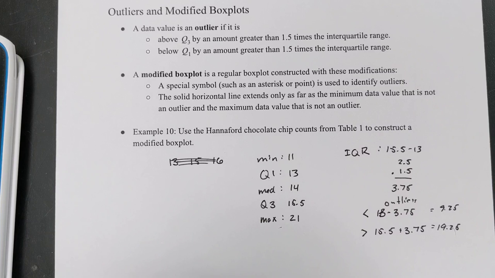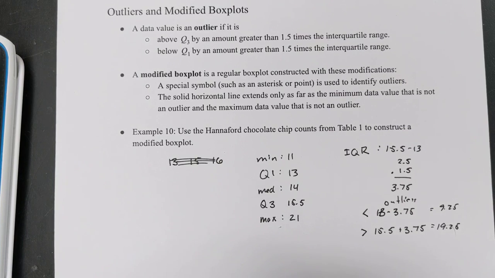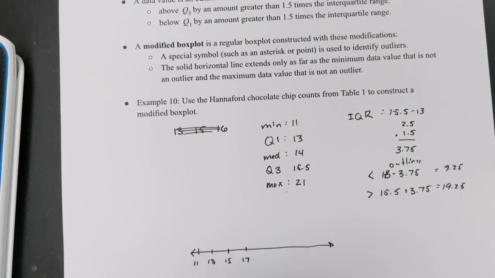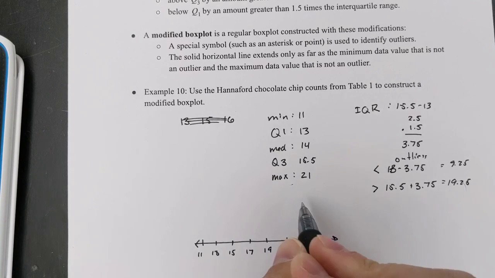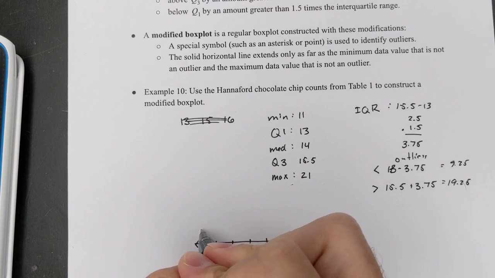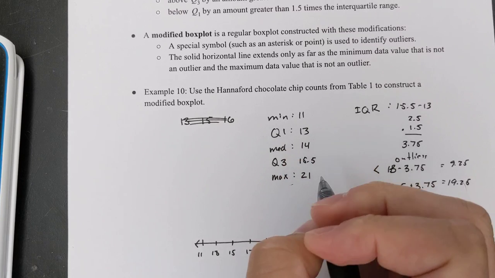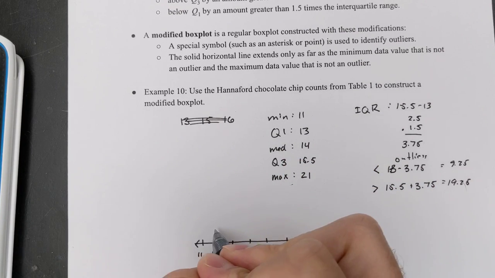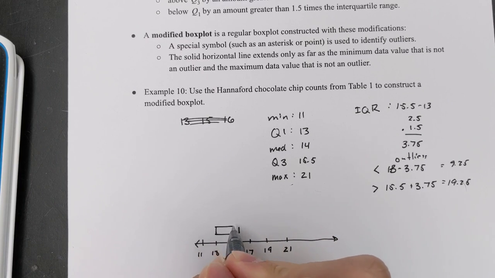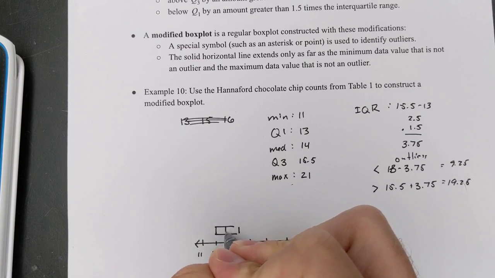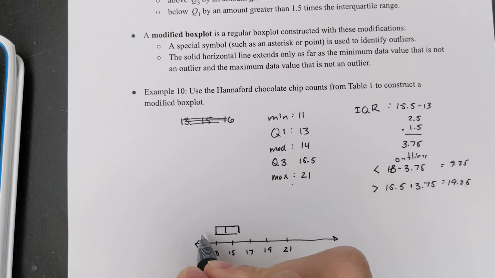So when I do my box plot, there's 11, 13, 15, 17, 19, and I'm going to put 21 because I'm going to mark it with a special symbol. We do Q1 and Q3 first. So Q1 is at 13, 15.5, we'll call it about there. Draw my box, put the median in, 14. Whisker down to the minimum, so that looks like that.